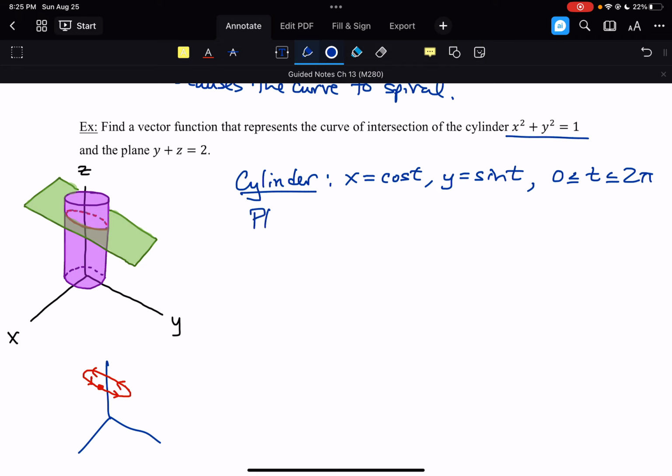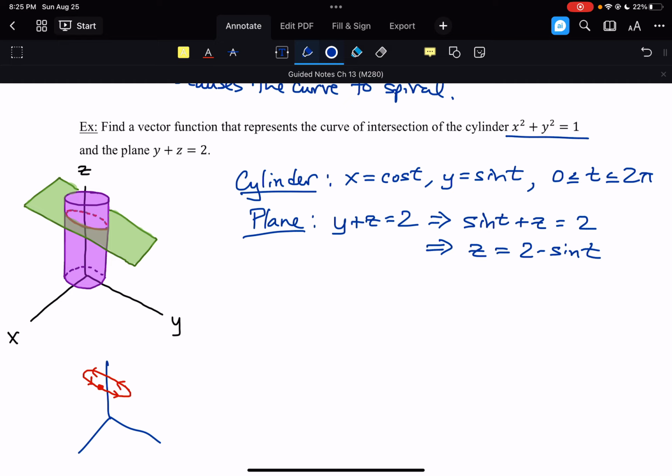Now from the plane, we have y plus z equals 2. We know what y is from the cylinder, so let's put that in. We get sine of t plus z equals 2, so z equals 2 minus sine of t.